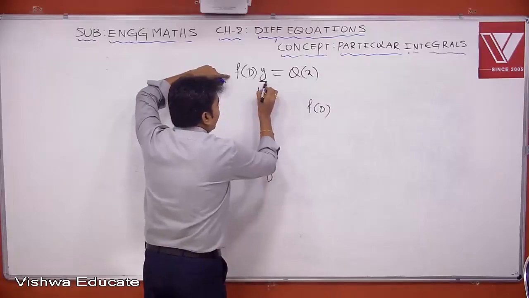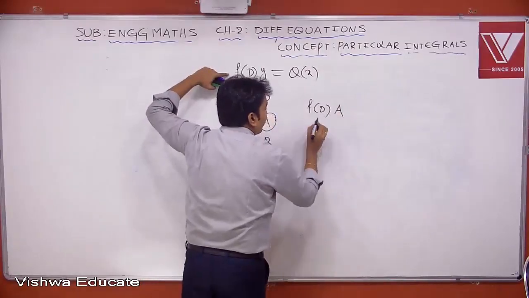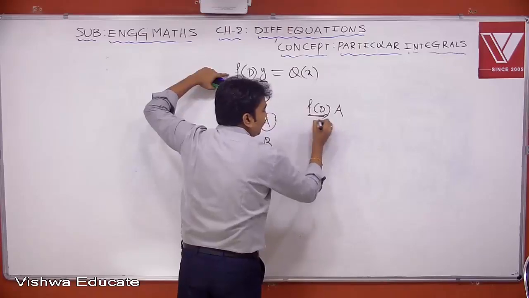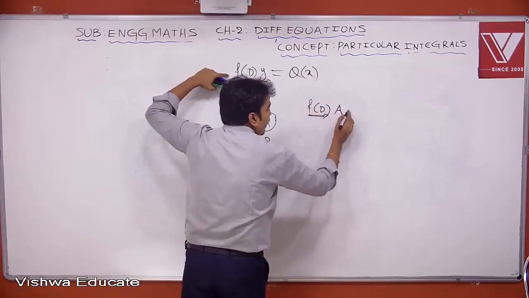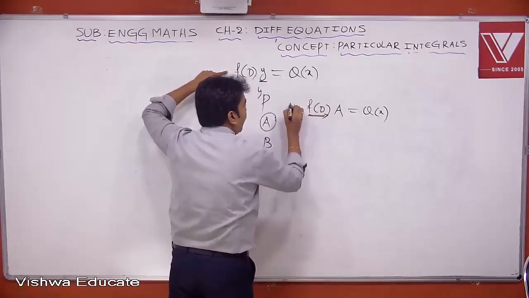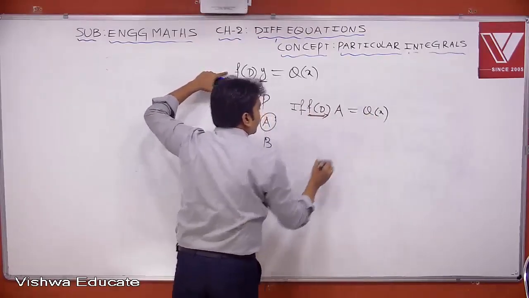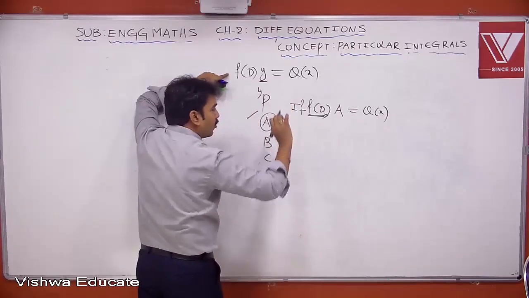In place of y, I take option A and apply f of D of A. This is nothing but a combination of derivatives only. Purely apply derivatives many times to A. If f of D of A equals q of x, then option A is the right answer. No doubt about this.